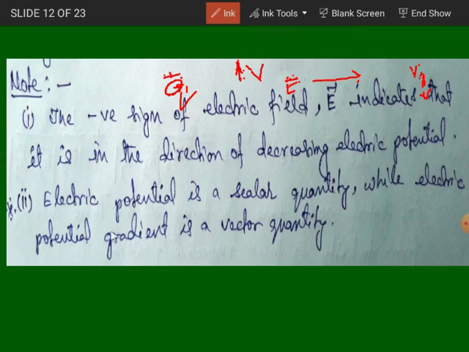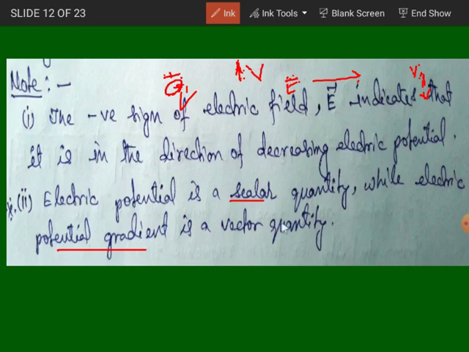Note number 2: as I have said earlier, electric potential is a scalar quantity, while electric potential gradient is a vector quantity. Don't forget this. Electric potential is a scalar quantity, no doubt, but your potential gradient is a vector quantity. It has a direction. Got it?